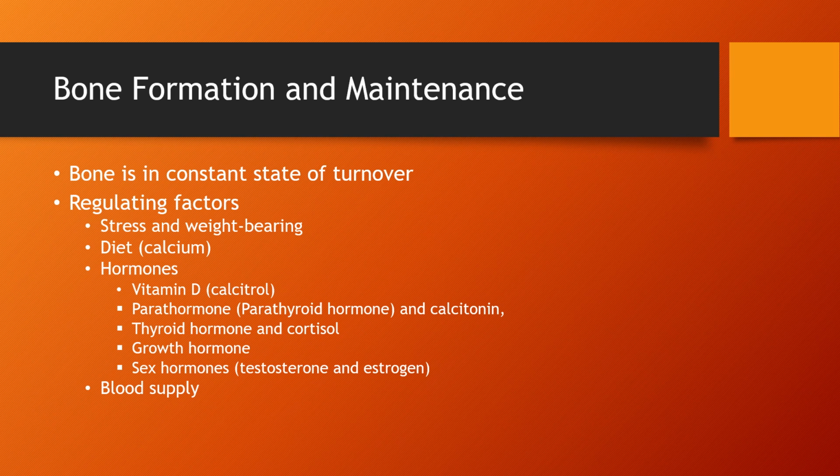Another hormone is parathormone. This regulates the amount of calcium in the blood. Parathormone works together in conjunction with calcitonin to regulate calcium homeostasis. Parathormone promotes movement of calcium from the bone into the bloodstream, increasing the calcium levels in the blood. Calcitonin is secreted by the thyroid when the calcium levels in the blood are high.